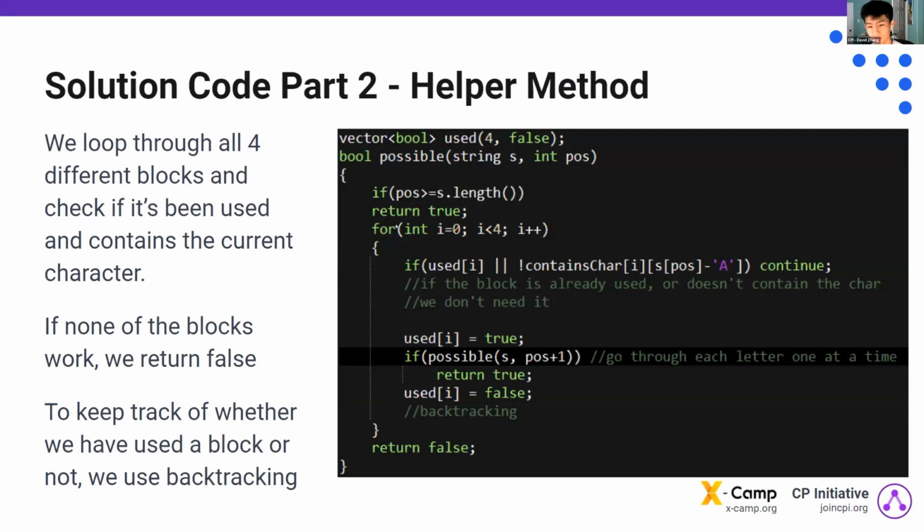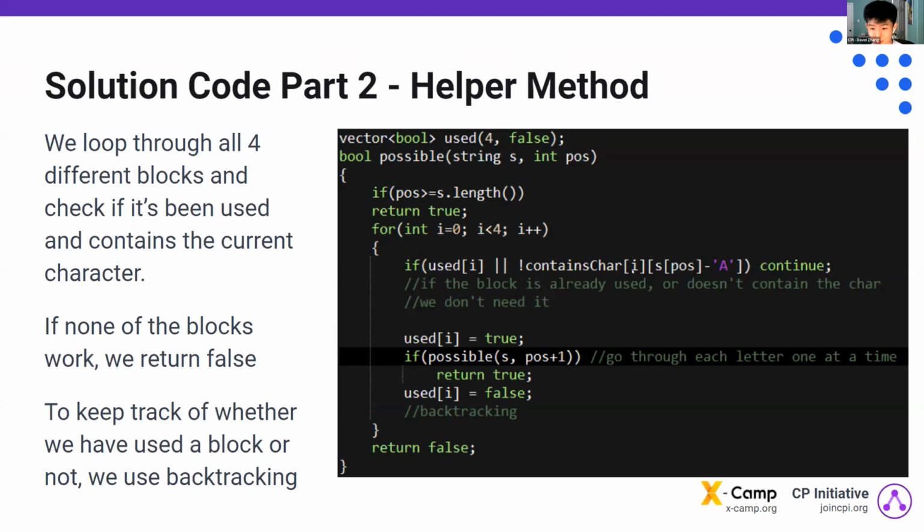So yeah, it's a little confusing, but we'll get closer. Here's the meat of the function, where we're looping through all the different blocks and checking if it's been used. Remember, I initialized used as false in the beginning, meaning we haven't used the blocks yet. When looping through the for loop, if used is true, or the block doesn't contain the char that we're at, we just continue. Remember, s[pos], or s.charAt(pos) in Java, is the current letter we're on.